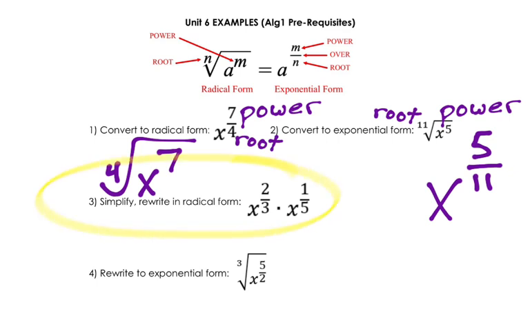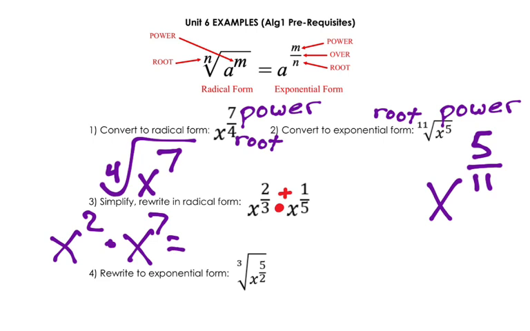So problem 3 is going to help us review one of those critical laws of exponents, and that is the multiplication law, and it's the one where if you're multiplying two bases that are the same, so if you take a look at number 3, we're multiplying x and x, and if you multiply the same bases, then that really means you're going to take the exponents and add them together. So a more rudimentary example of this would be if you saw x squared being multiplied by x to the 7th power. You would just add 2 and 7 and you would get 9.